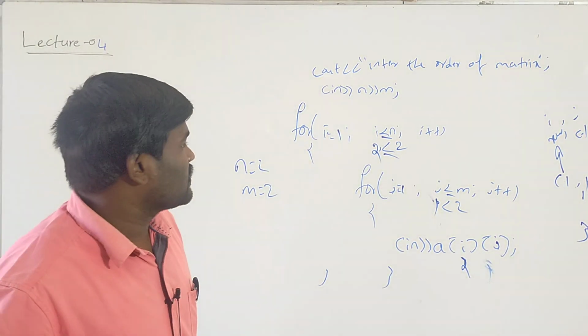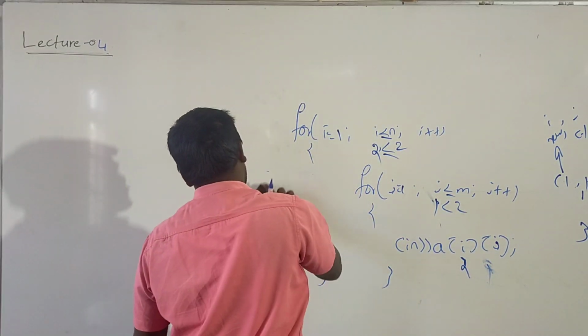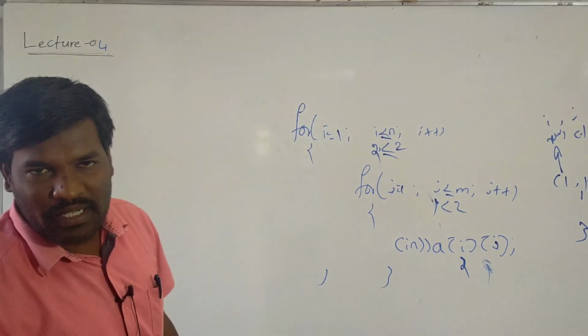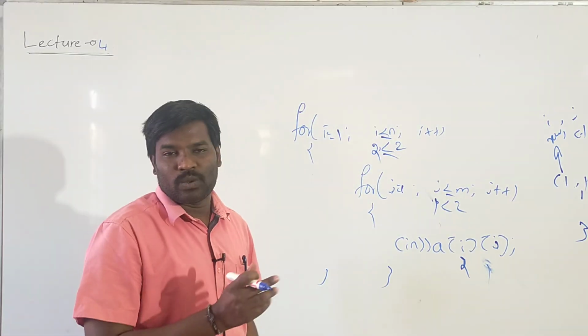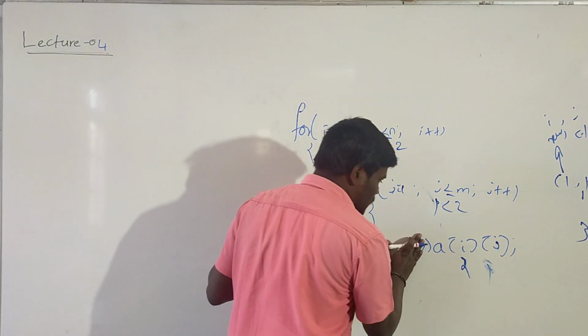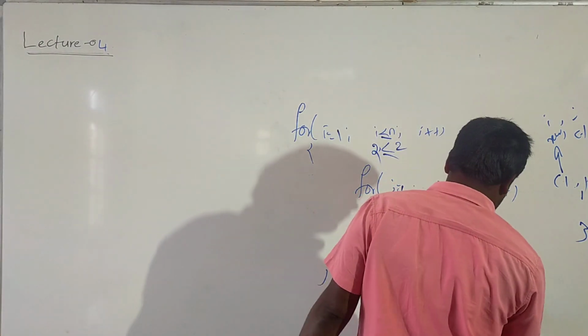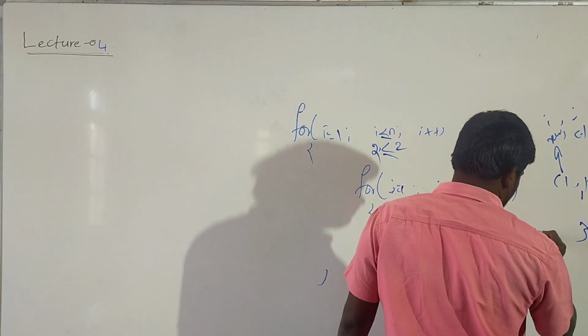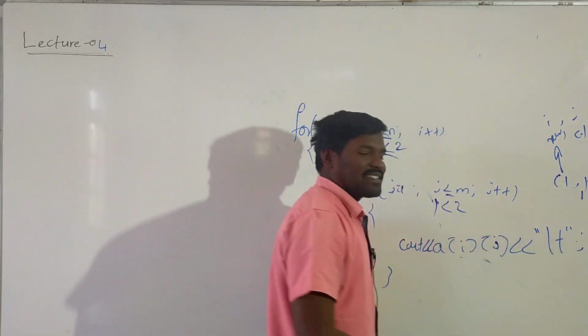Okay. So next is printing the 2-dimensional array elements. Printing is similar to reading, but the only difference is that instead of cin we have to write cout. And here backslash t. Why do I have to use backslash t?